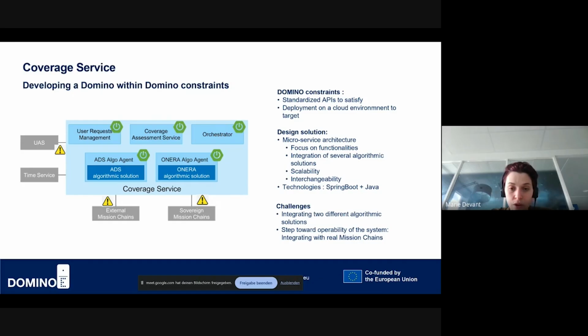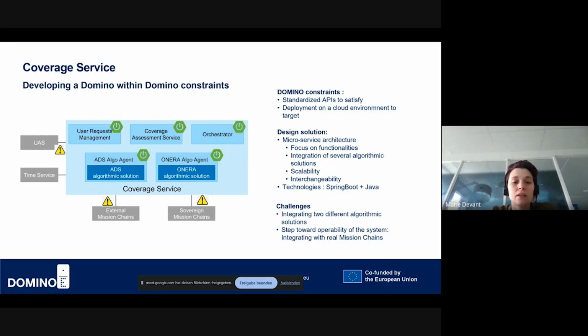And we also decided to test those algorithmic solutions with real sovereign mission chains, because we had the possibility to do so. One of the major goals of the development of the cover service application was to make it as operational as possible.